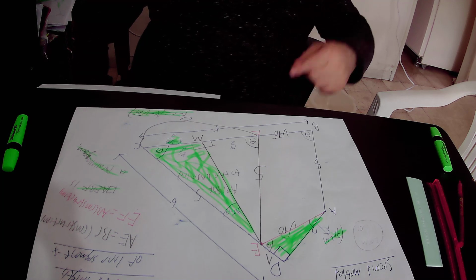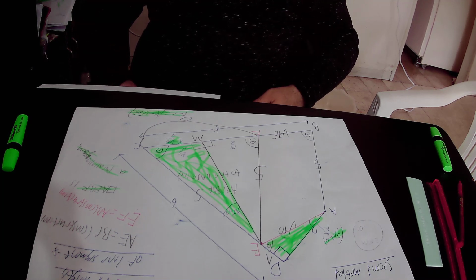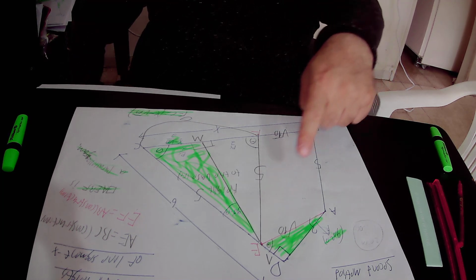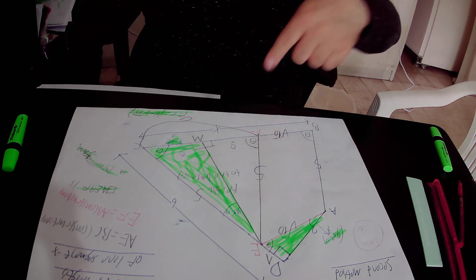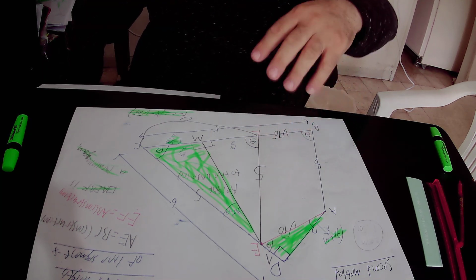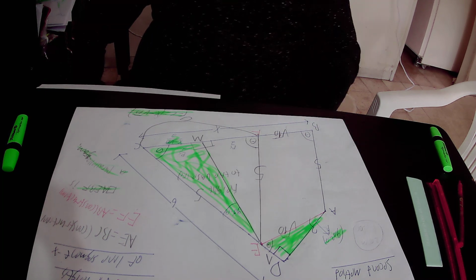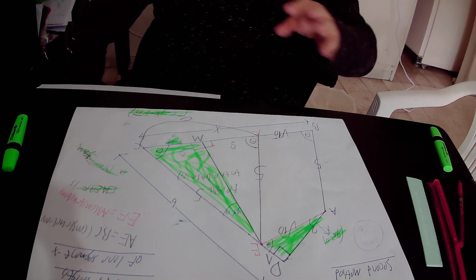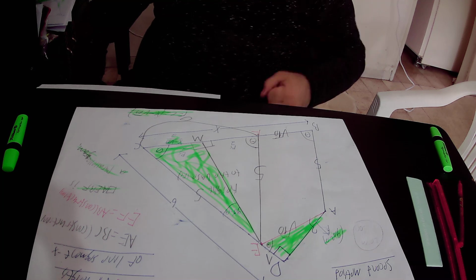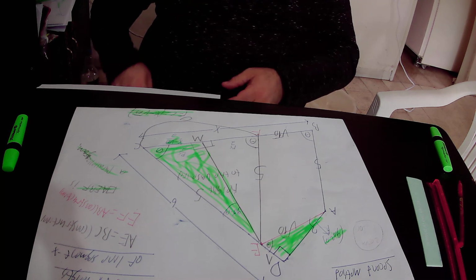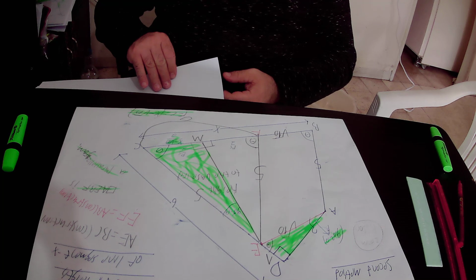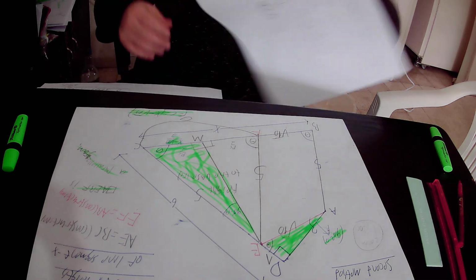In this quadrilateral, we have two couples of sides that are parallel to each other. AE is parallel to BF, and AB is parallel to EF. Therefore, quadrilateral AEBF is a parallelogram. Okay, because this is exactly the definition of a parallelogram. If you have two couples of sides that are parallel to each other, then this quadrilateral will be defined as a parallelogram.